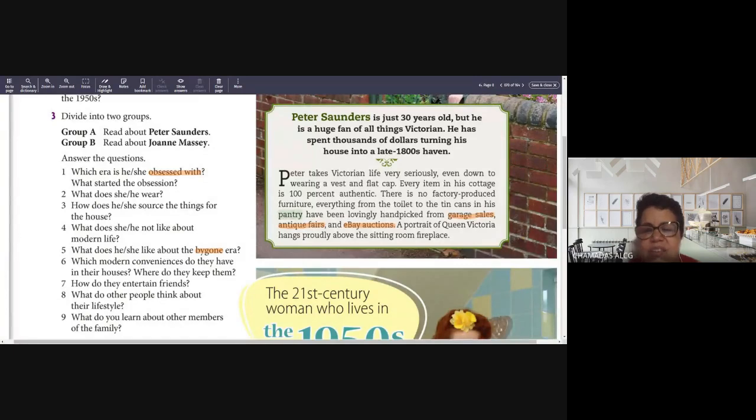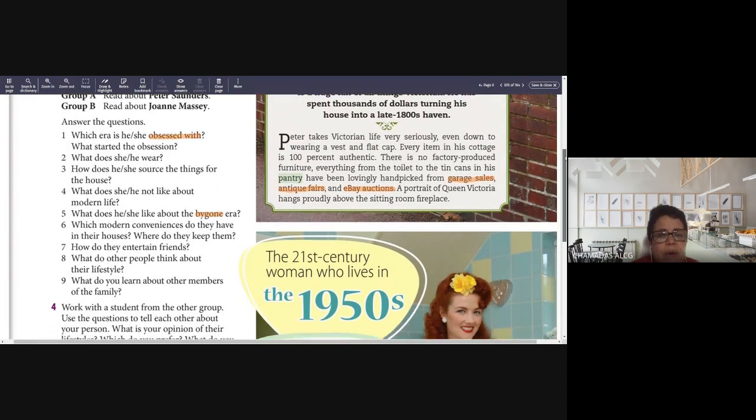He is obsessed with the 19th century, actually the late 1800s. So he's obsessed with the 1800s. You see? And he's very young. He's just 30 years old. Amazing, isn't it?